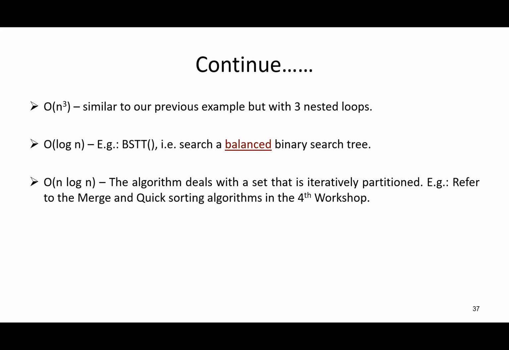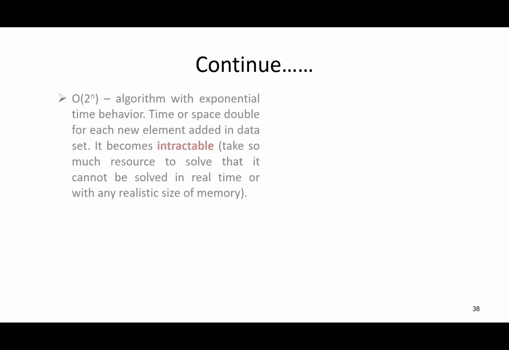Because when we sort, we also divide it into 2 parts, and then you sort each of the parts separately, and then divide again and sort, divide again and sort. So log2n is for the division of your array into 2 parts, and then the n is the sorting process for each one. So it's n log2n for this merge sort and quick sort example.